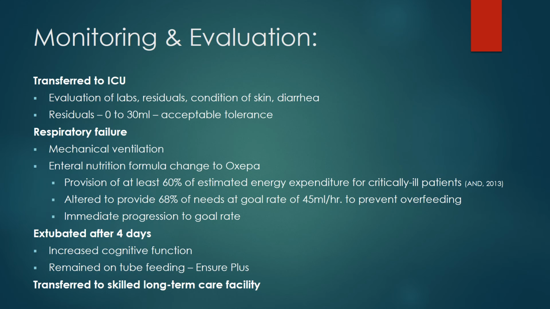She did at that point remain on her Ensure Plus tube feeding, which would also be a pretty smooth transition generally to a nursing home, because it's a pretty general formula. It's not a specialized formula that would cost a whole lot more or be hard to access. So the patient remained on the Ensure Plus and then was transferred following her 14th day with us to a skilled long-term care facility.